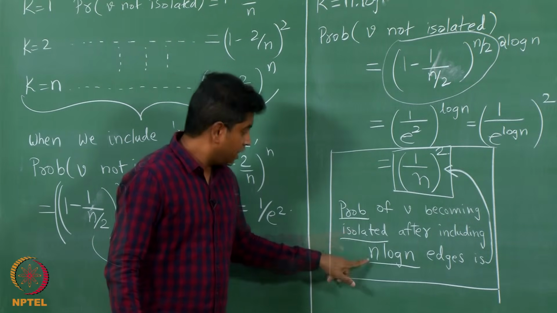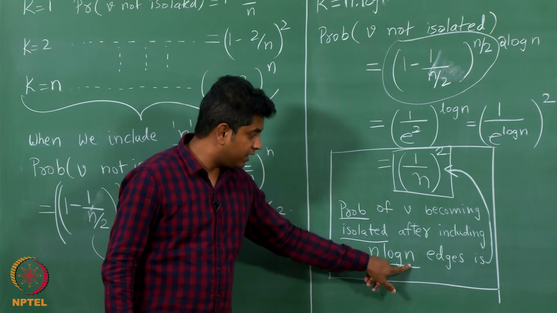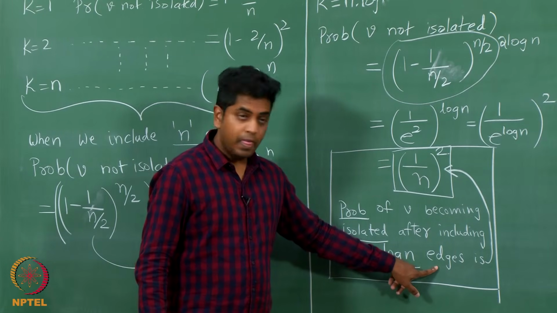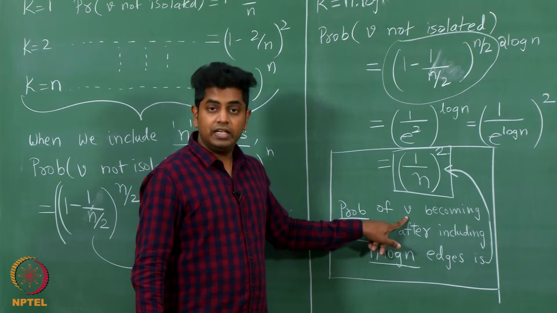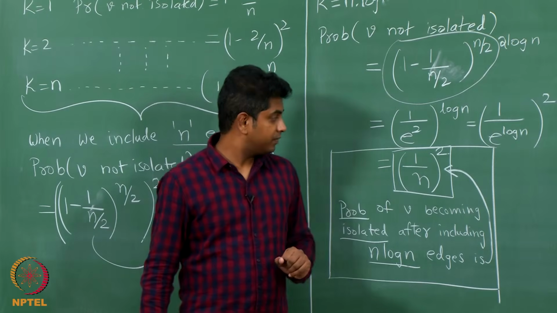which means if you take a graph with 100 vertices and if you only put 100 log 100 edges in that graph, then you will find a vertex v isolated with 1 over 100 square probability. Okay?